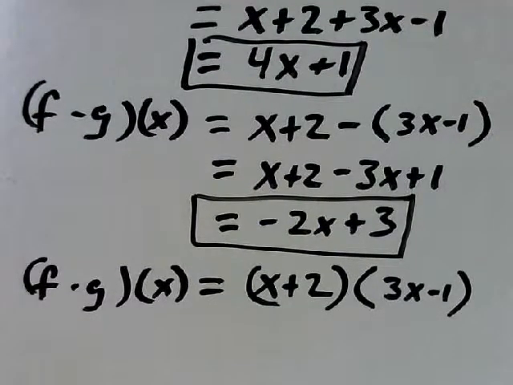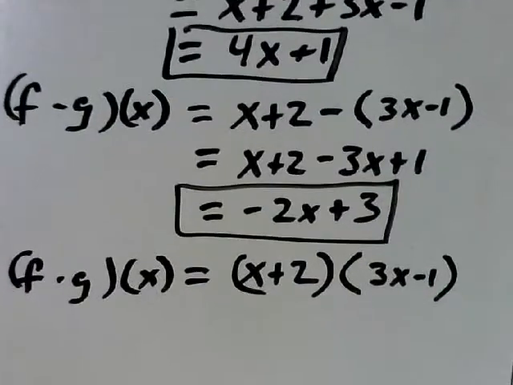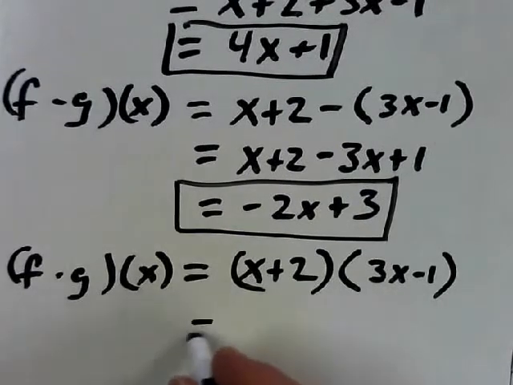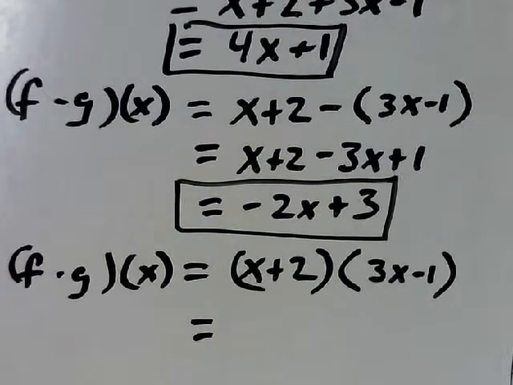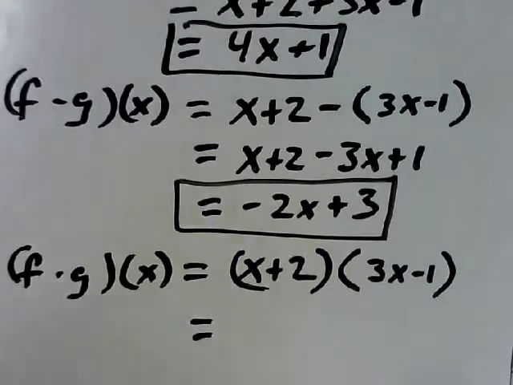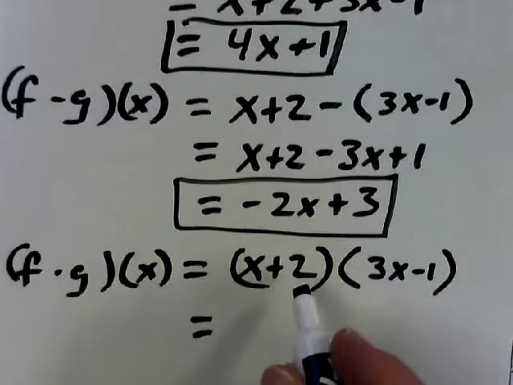So it looks like it's going to be one FOIL method, but a multiplication.